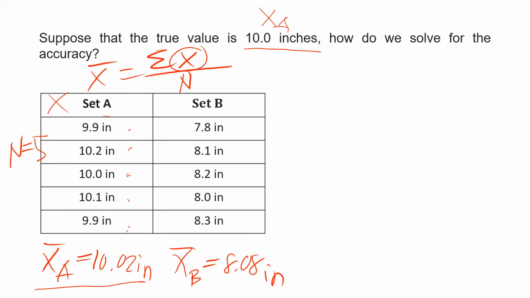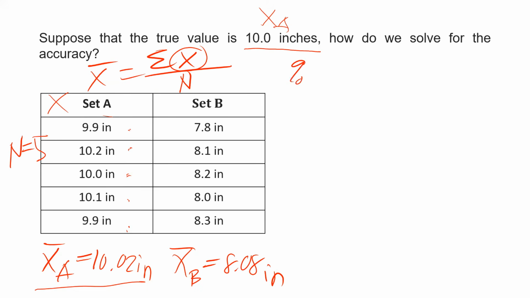But if you want to quantitatively describe the accuracy of your data set, you need to solve for the error of your measurement. You can solve for the absolute error or the percent error. In this case, let's use the percent error in order to relate our error to the actual value.